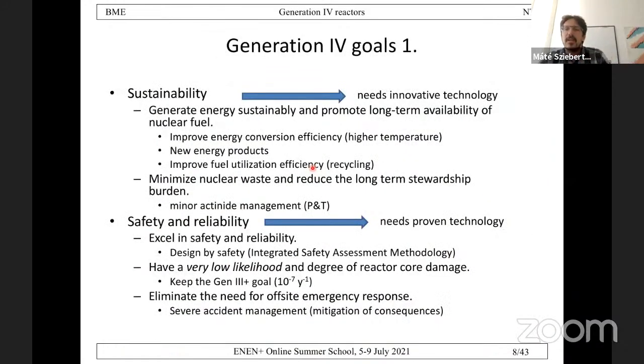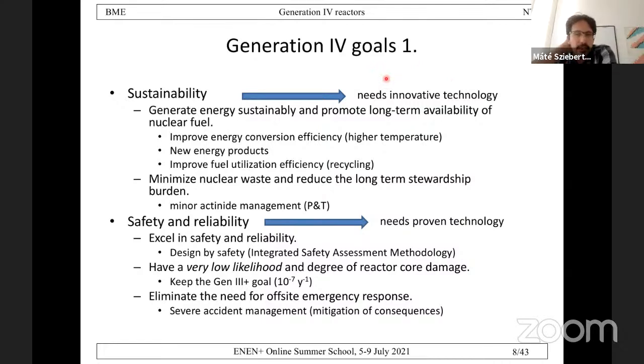So why build these reactors? What are the goals which we would like to fulfill? First, sustainability. You will see I put here some comments on whether this goal really needs an innovative technology.